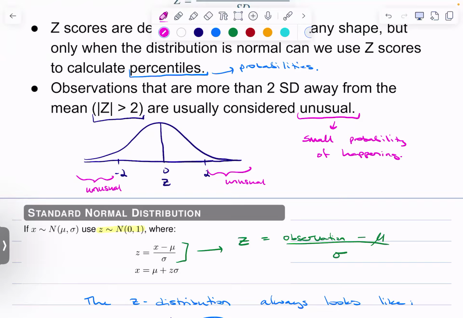And in general too, probability is quite small, right? I don't expect it to happen all the time. It can, right? But what does that mean if I find a Z bigger than 3? If I move even further out into the tails, then I would consider that even more unusual, right? So anything past 2, definitely past 3, we start to say, that seems strange.